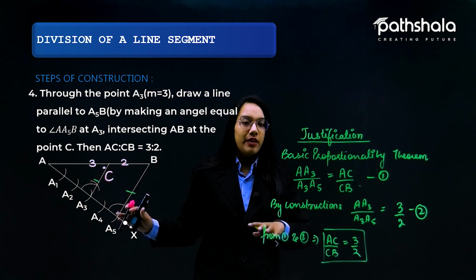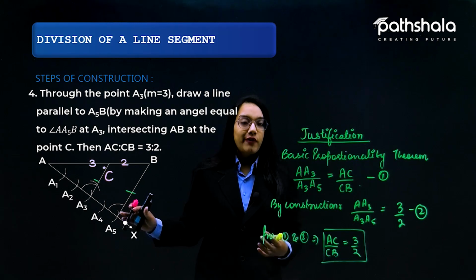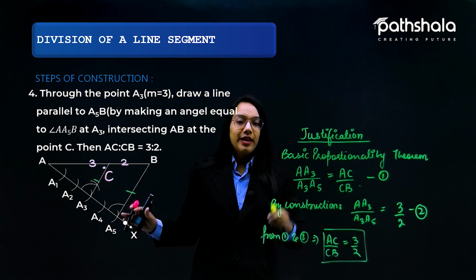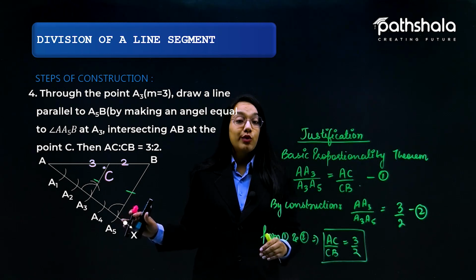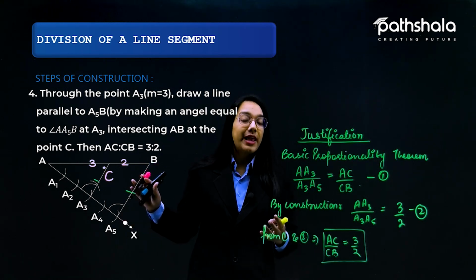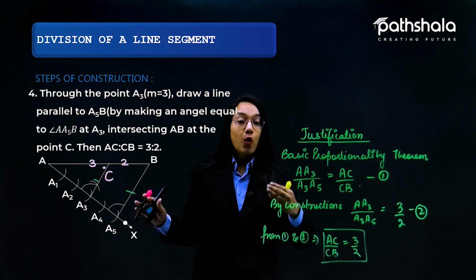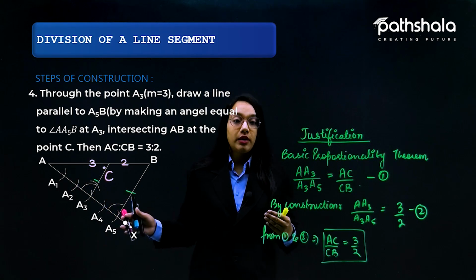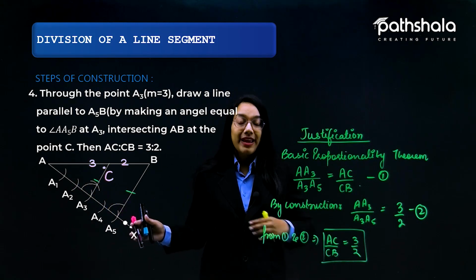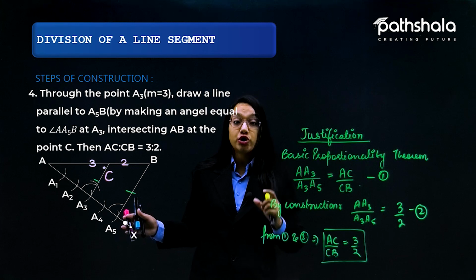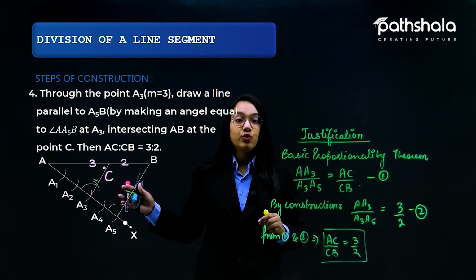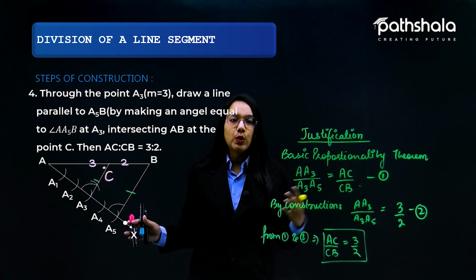So let us recall all the steps. First of all, we have to draw the line segment AB, then draw any ray AX which will make an acute angle with the line segment AB, and then locate m plus n points on this ray AX using the compass, taking any particular radius such that their units are equal to each other, or we can say AA1 should be equal to A1A2, A2A3, and so on.